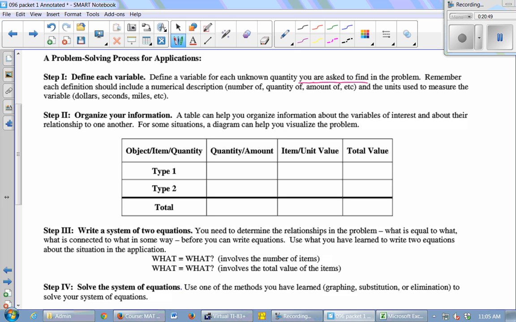This is a general table that would work. You get two kinds of things: two kinds of investments, two kinds of candy, two kinds of acidic solutions. And then you have an amount and a unit value like dollars per pound or interest rate, and then a total value.